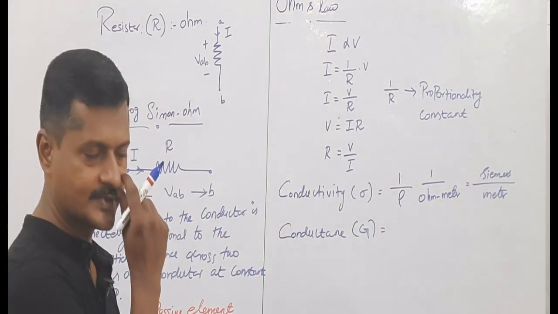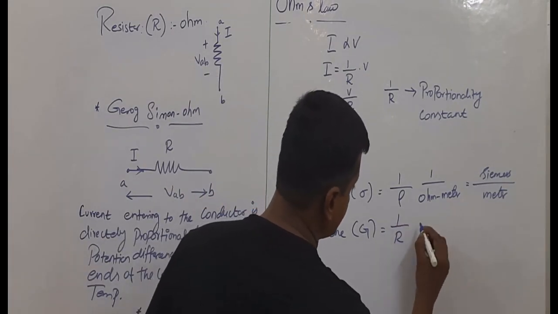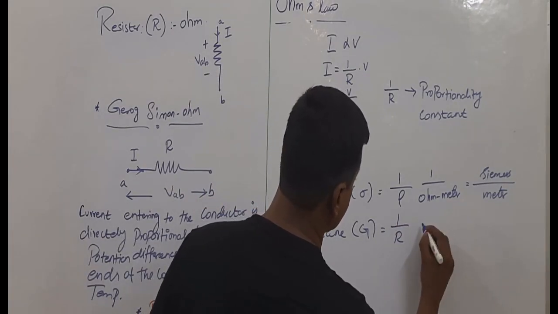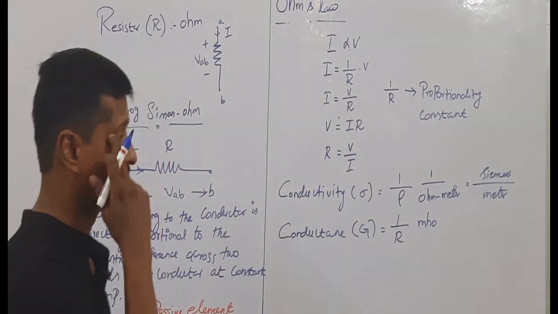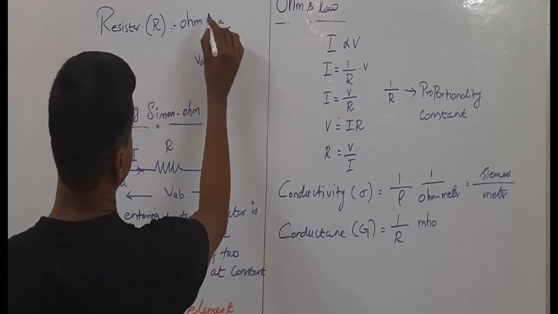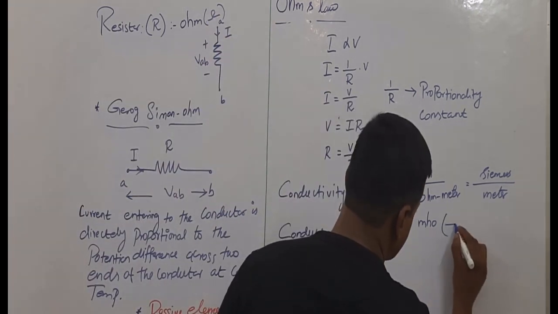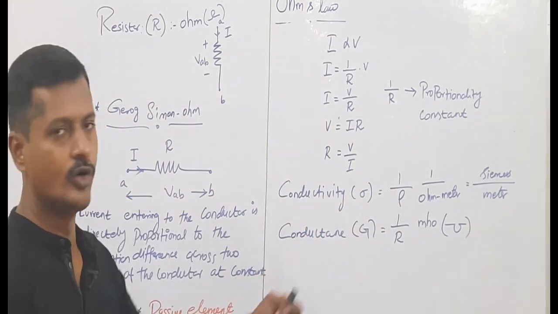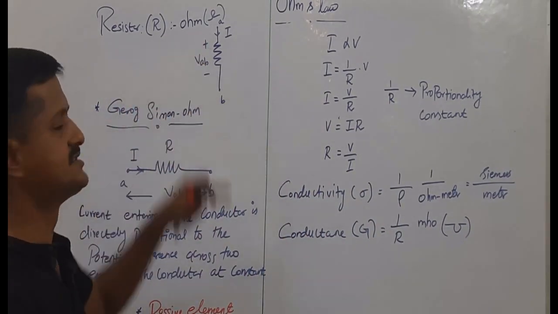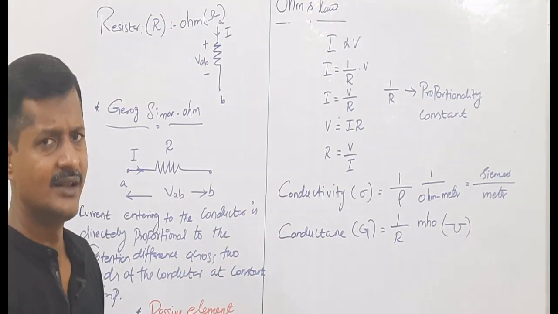Conductance is 1 by R, and the unit of conductance is mho, the reciprocal of ohm. The symbol of resistance is ohm. This is conductance and conductivity.